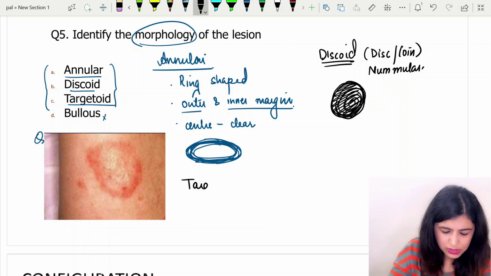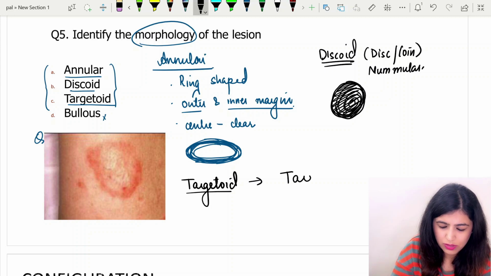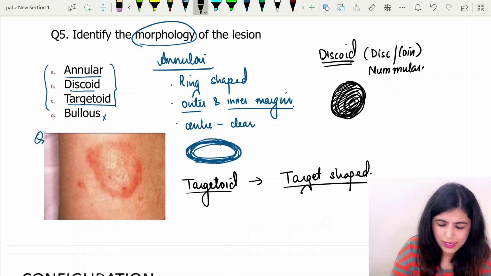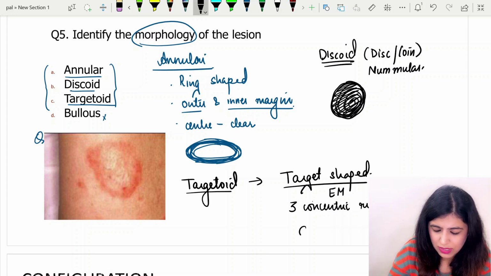Then we come to targetoid. So in targetoid, it is similar to a target shaped lesion, which you generally see in erythema multiforme. You see three concentric rings in the lesion. So there are three different colors.